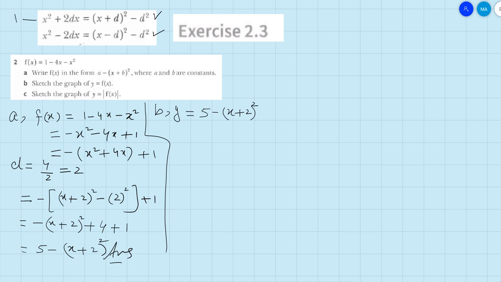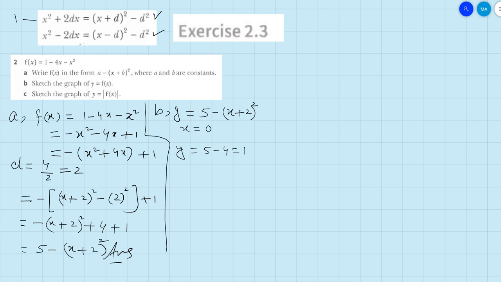First, we have to find the axis coordinates. Axis coordinates means first we need the y-intercept. So for the y-intercept, we have to put x equals 0. So y equals 5 minus, x is 0, 0 plus 2 is 2, 2 square is 4. So 5 minus 4 is 1.